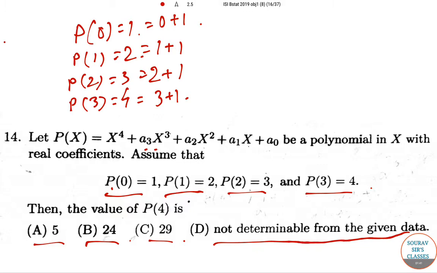So you can easily say that here P(n) equal to n plus 1. It is true for n equal to 0, 1, 2 and 3.